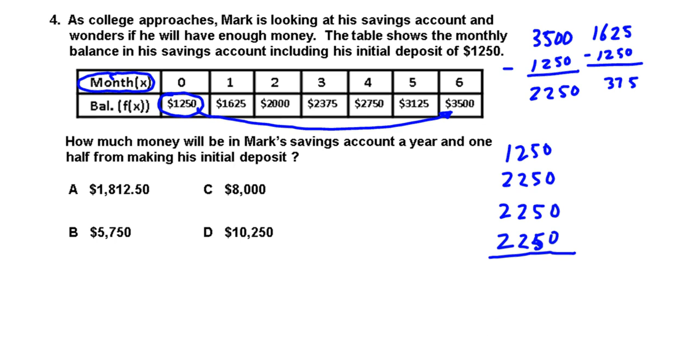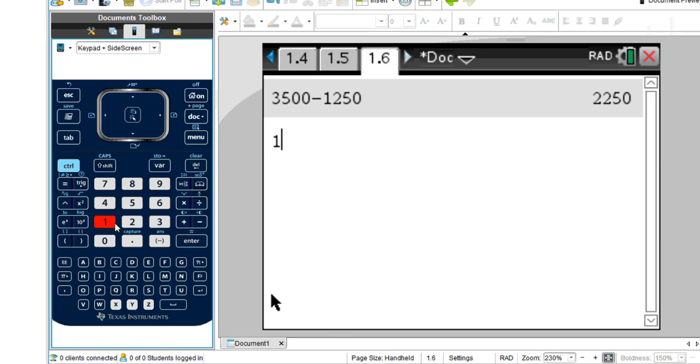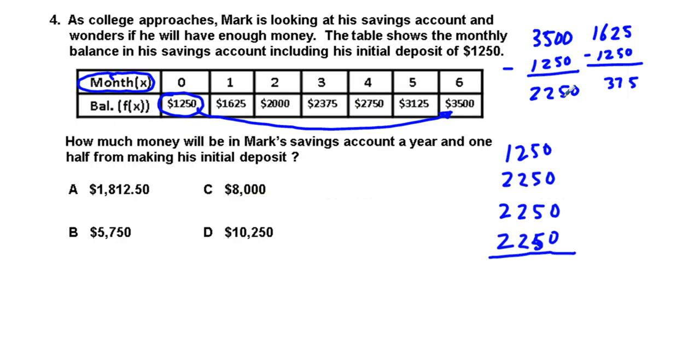So 1250 plus 2250, and there were three of them, so I'm just going to multiply by 3. So $8,000 is what he's going to have. So 8,000 is going to be our correct answer, C.